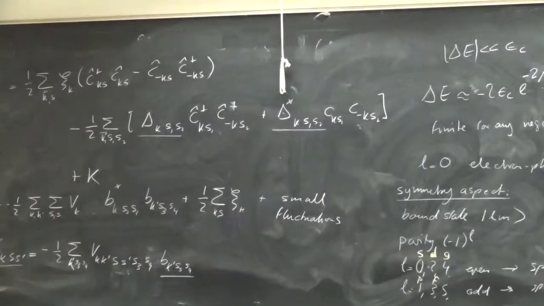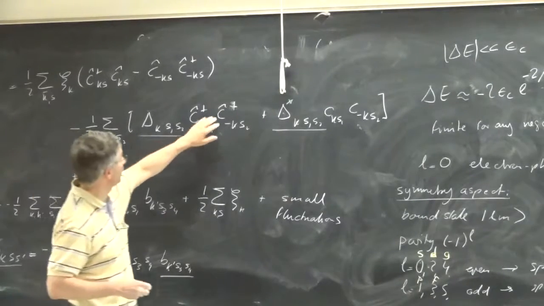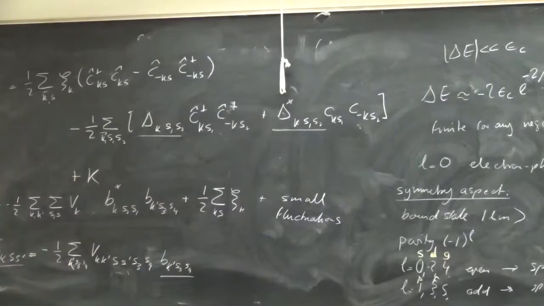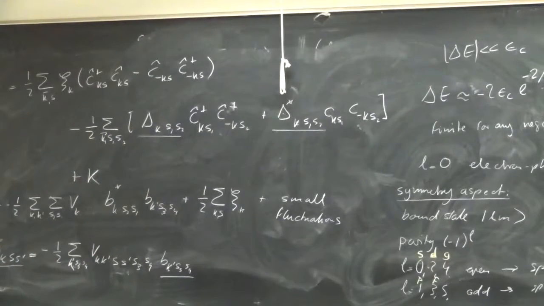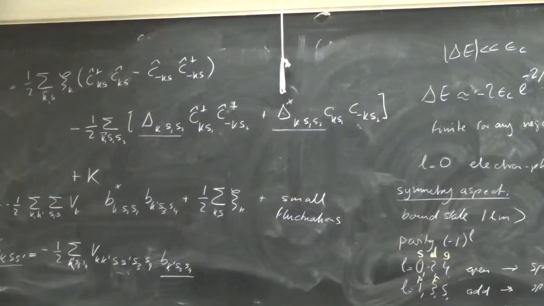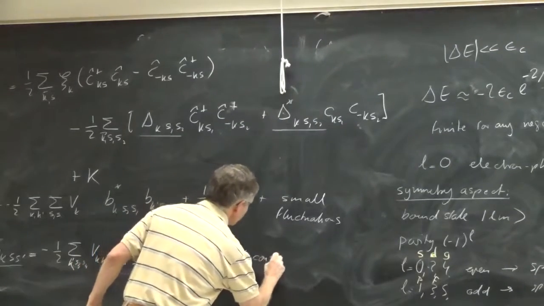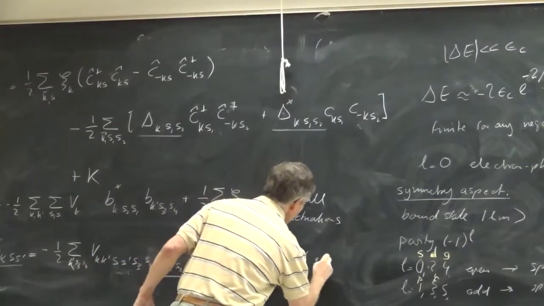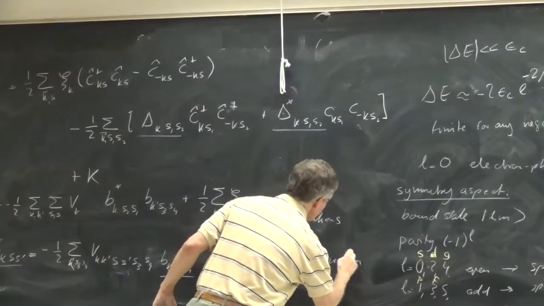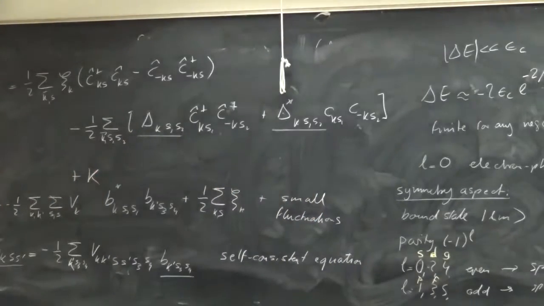This cannot be finite when we stay in a simple canonical picture. So that's why we will get eventually a coherent state when we deal with this problem tomorrow. And this here will be our self-consistent equation, which we have to solve when we do the mean field calculation.